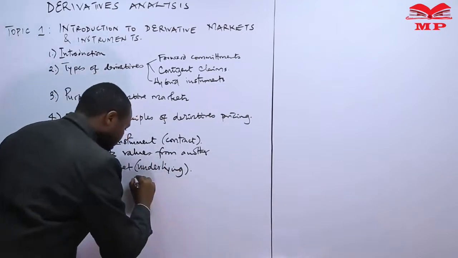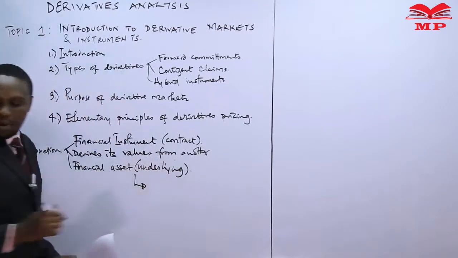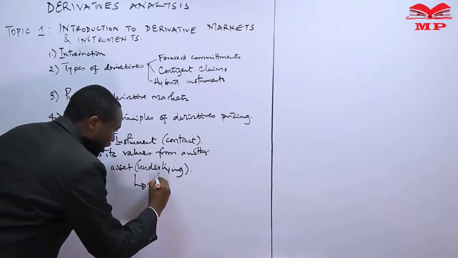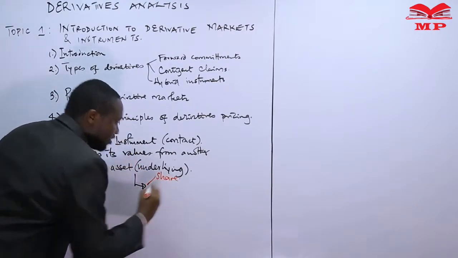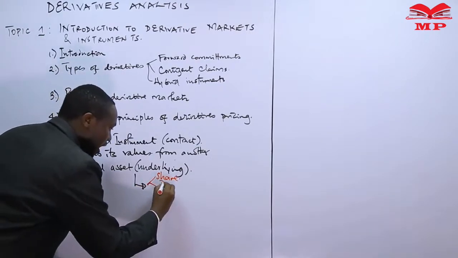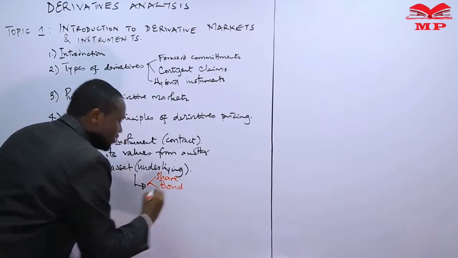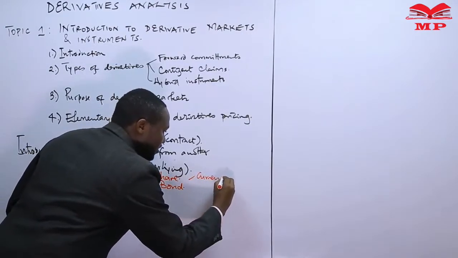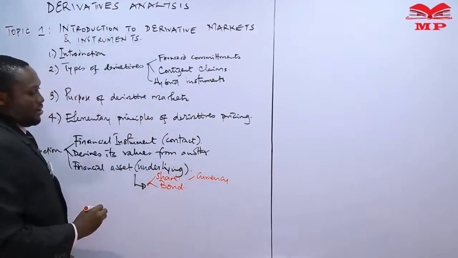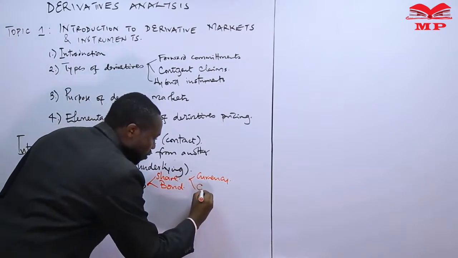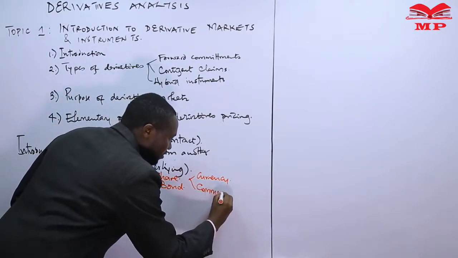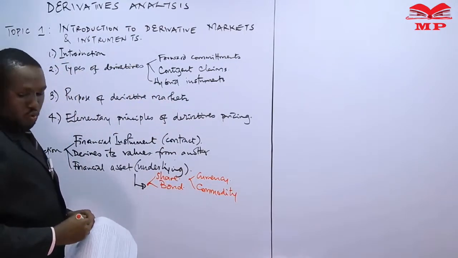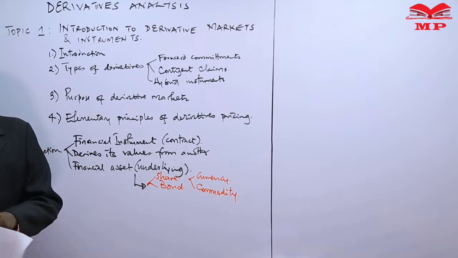This financial asset could be a share, it could be a bond, it could be a currency, or it could be a commodity. And what do I mean by a commodity?